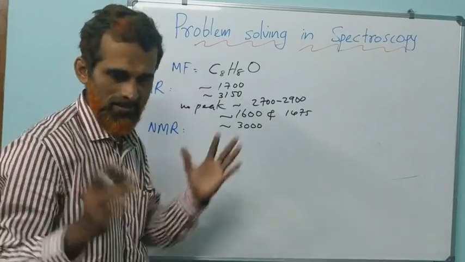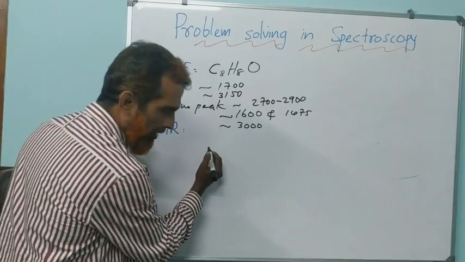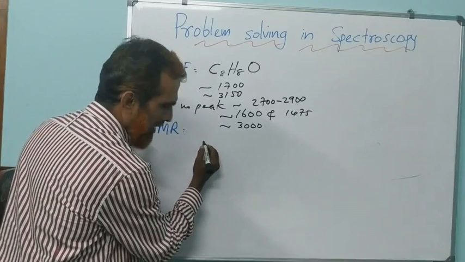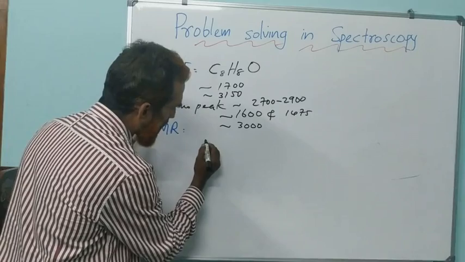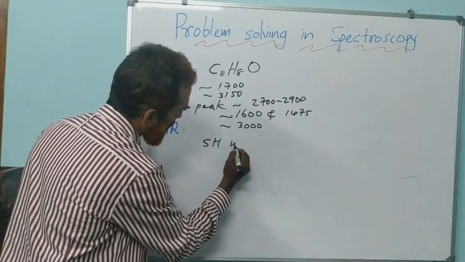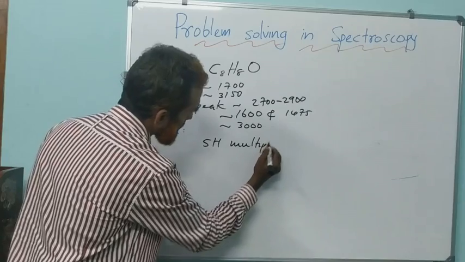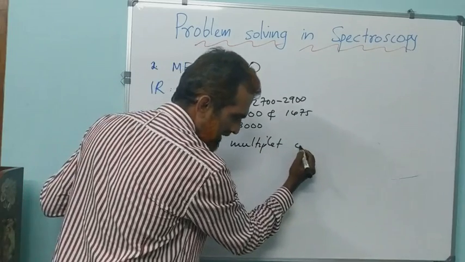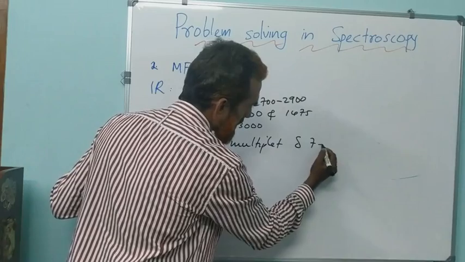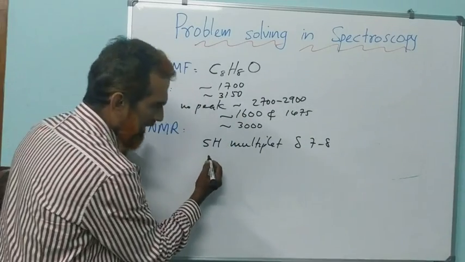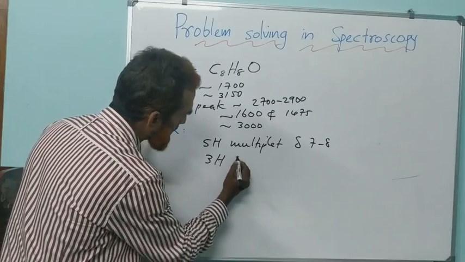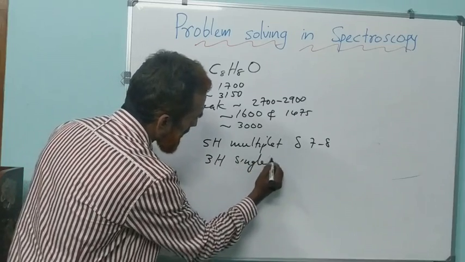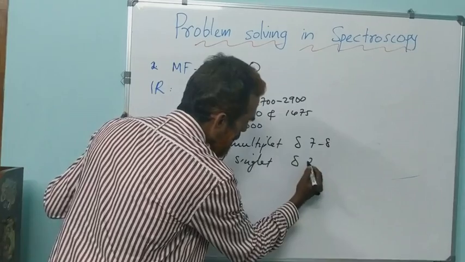There is so much IR information. Now in NMR there is a 5 proton multiplet seen at del value between 7 to 8, and then there is a 3 proton singlet at the del value 2.3.